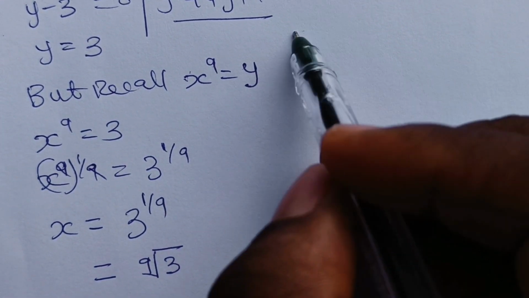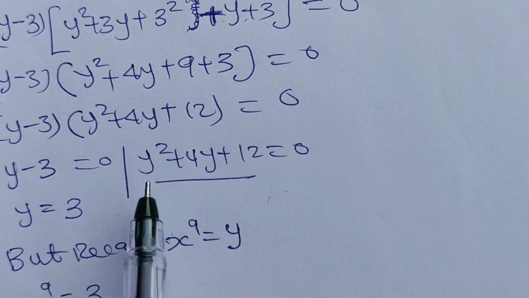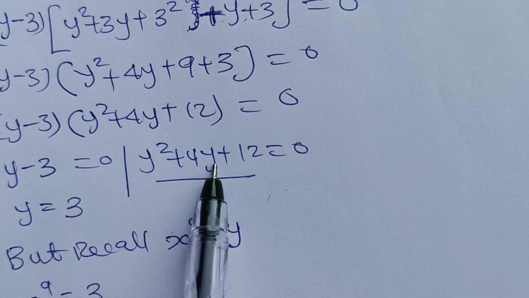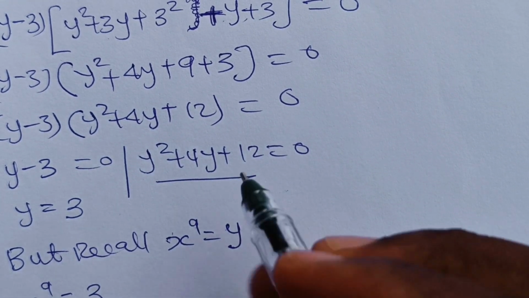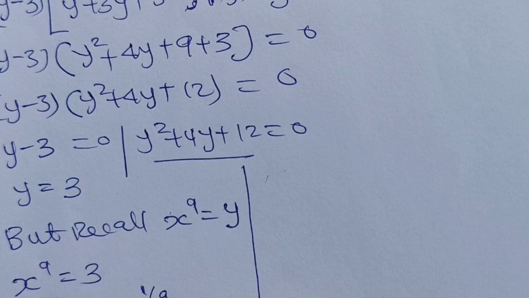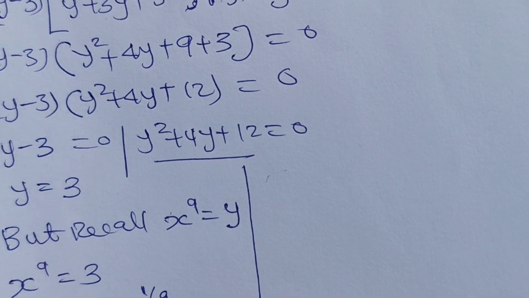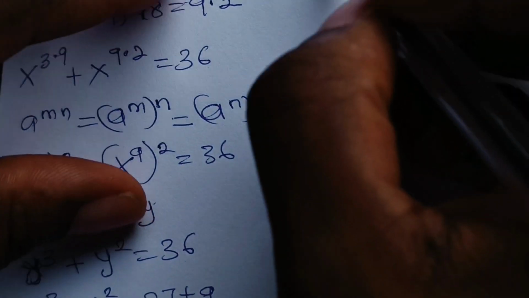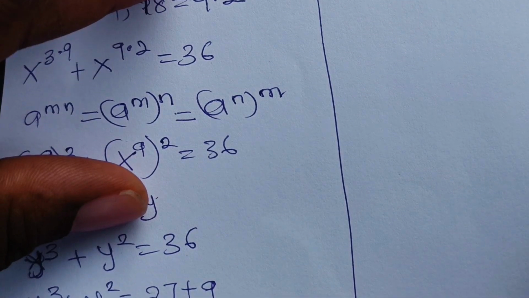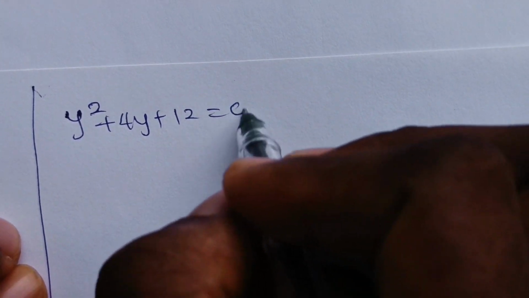So this is actually the value of x. Now to this side, we said that y squared plus 4y plus 12 is equal to 0. If we are to solve that, I want us to start on a new side. So this is what we have: y squared plus 4y plus 12 is equal to 0.